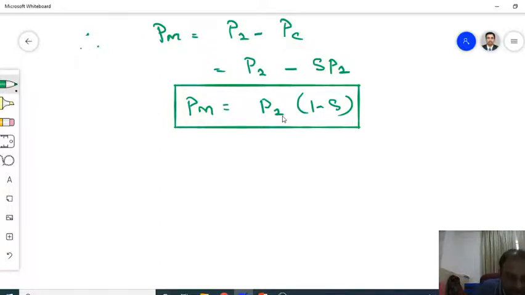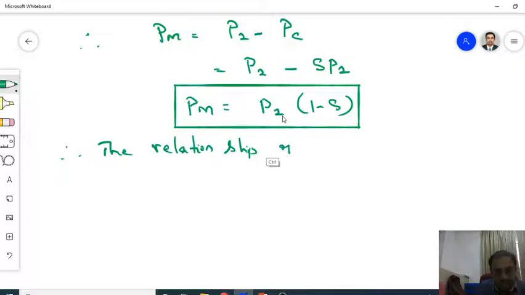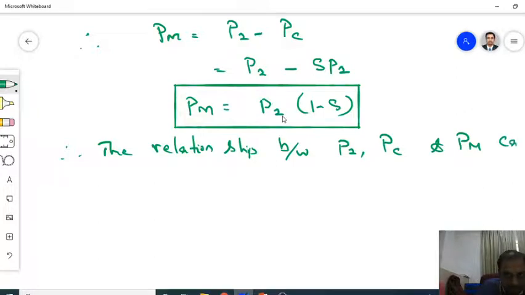Therefore the relationship between P2, Pc and Pm can be expressed in terms of ratio.